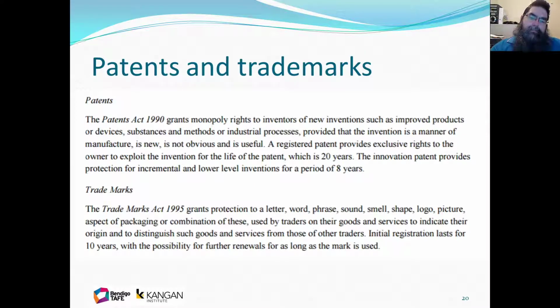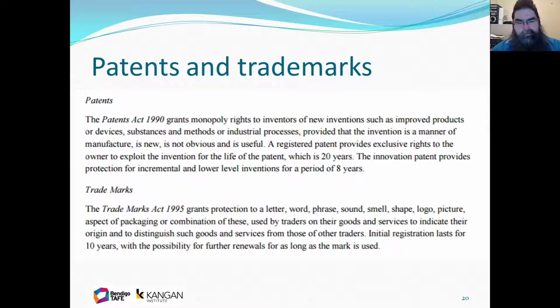Now, these intellectual properties are protected under the Patents Act of 1990, and the patent gives the inventor, the owner, the life of the patent, which is 20 years, which allows them to do what they wish with that invention, but they can increment that up and down in periods of 8 years.